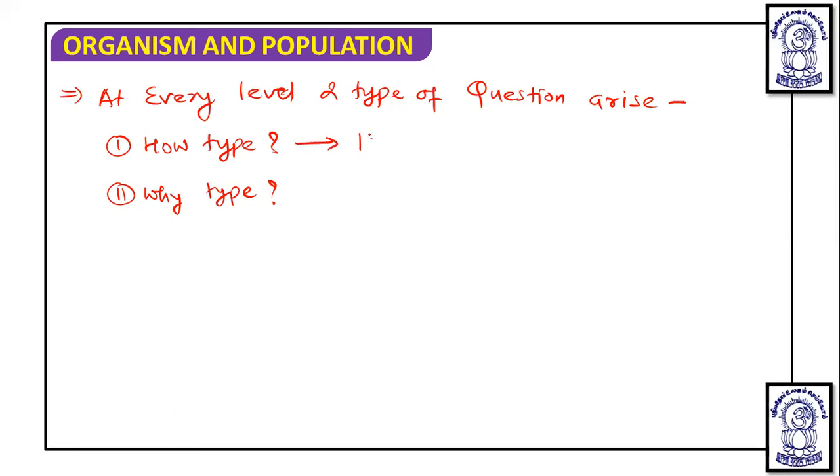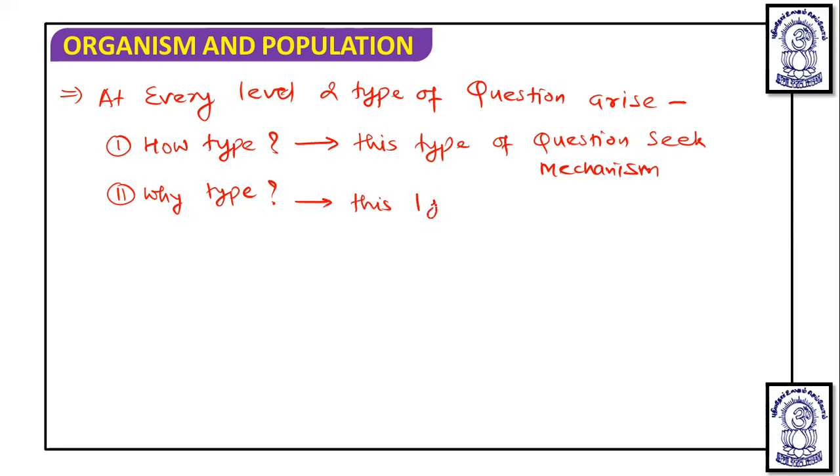This type of question seeks the mechanism behind the process, that is, how it is taking place. But the why type of question seeks the significance of the process, that is, why it is taking place.